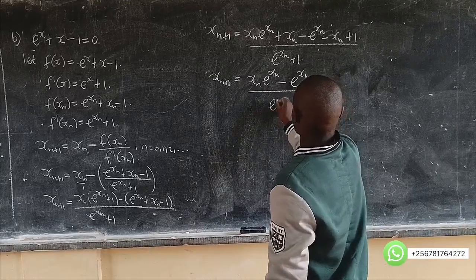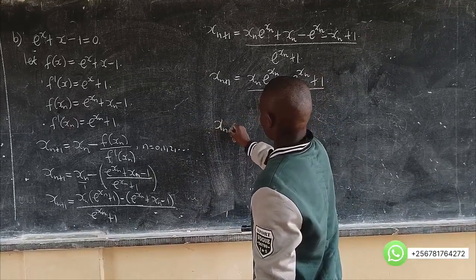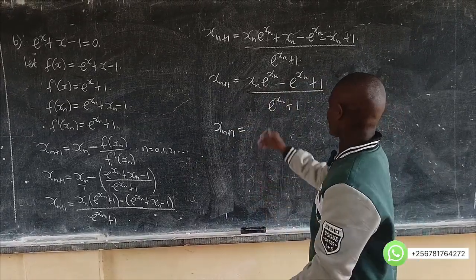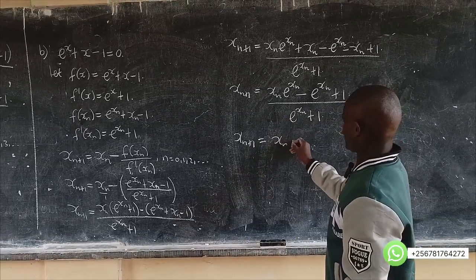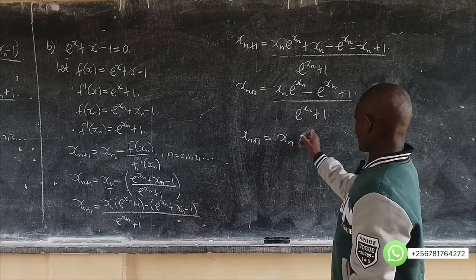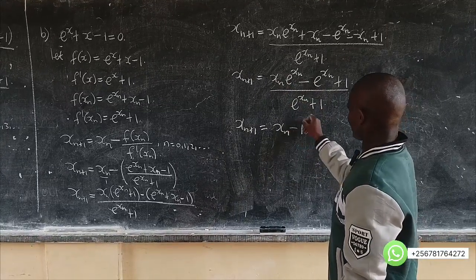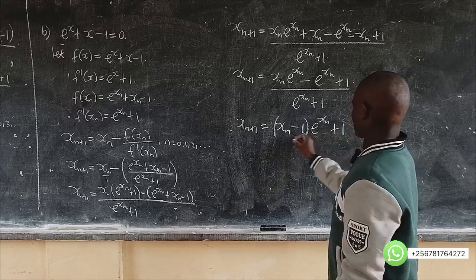The whole of this over exponent of x_n plus 1, and I can maybe leave the function there, or I can simply factorize out the exponent of x_n, so I will simply have x_n minus 1. Here there is a coefficient of x_n and here negative 1, so I can have this, then times exponent of x_n plus 1.